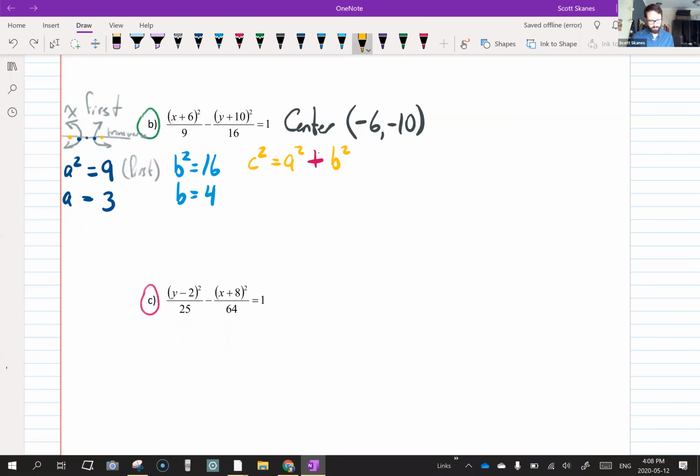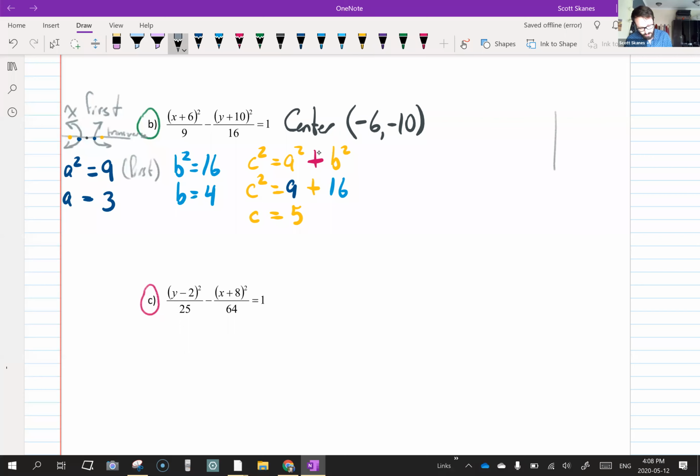They're already there. You don't need to do anything extra. C squared must then be 9 plus 16. Well, this is a nice one. That means that C squared is 25, so C must be 5. Okay, are we all right with that so far? Nothing too crazy. Pretty much more or less the same as the ellipse with a few tiny differences.